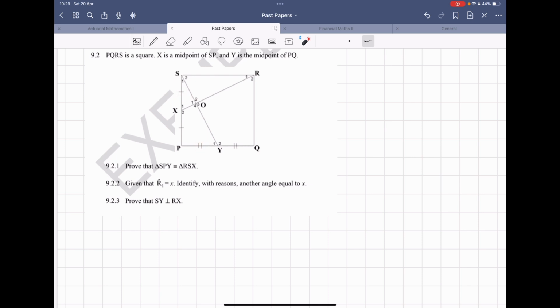And then I can say that these angles are the same because I know that the angles of the vertices of a square are 90 degrees. So I've got two sides and the included angle. Then I can say that these triangles are congruent.